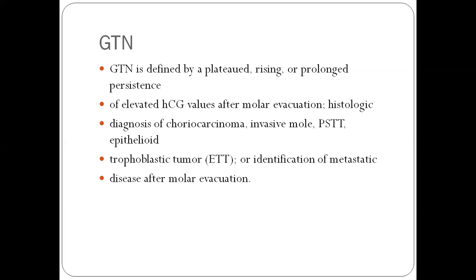Also, it is made if there's a tissue diagnosis of choriocarcinoma, invasive mole, placental site trophoblastic tumor, and epithelioid trophoblastic tumor. Or if there is persistence of beta HCG levels 6 months after evacuation of a molar pregnancy.